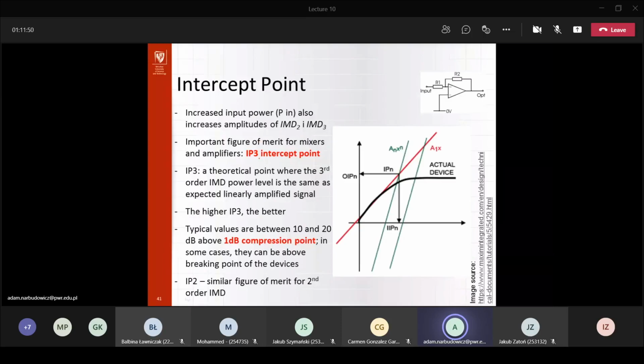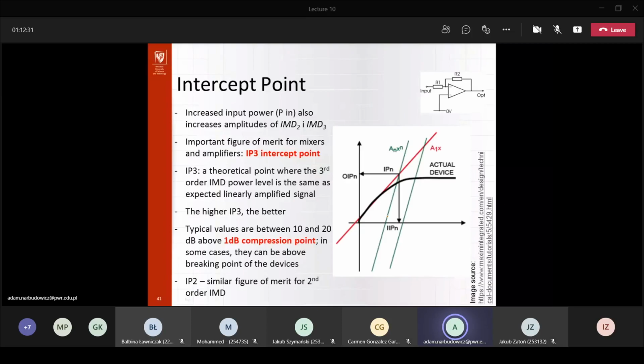The other figure of merit is the so-called IP3 intercept point. IP3 stands for third-order intermodulation product. As I mentioned, this is usually the most problematic, simply because it will be the closest one to the two signals that you are using. So what does it mean? Basically, once your non-linearity starts somewhere here, initially the IP3 will start gradually.